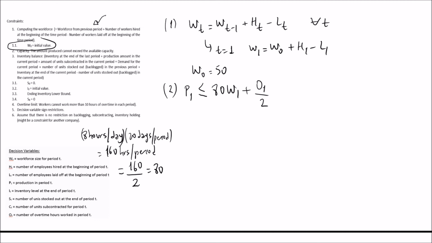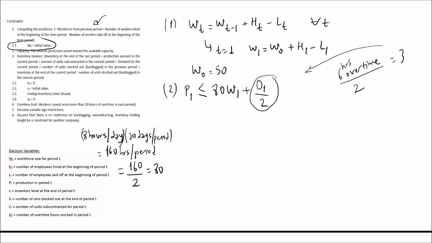For example, say we work 6 hours overtime and I need 2 hours to produce 1 unit. So divided by 2, I can produce 3 units. Therefore, this value is basically corresponding to this 3. So this O1 divided by 2 tells me how many units I produce in overtime.